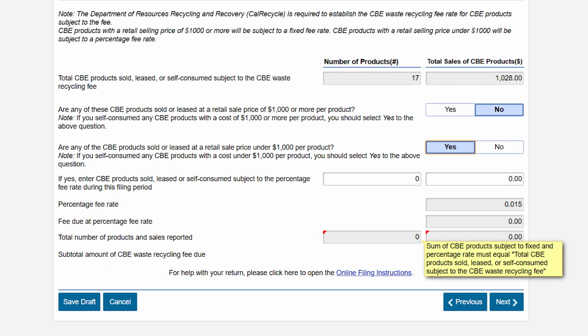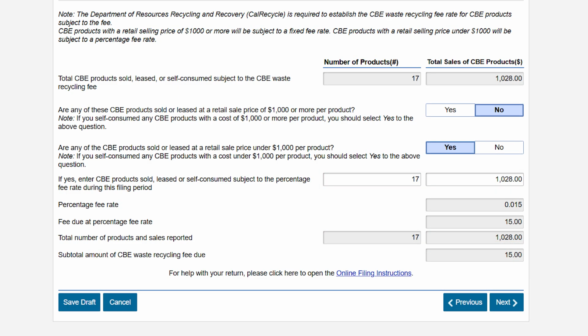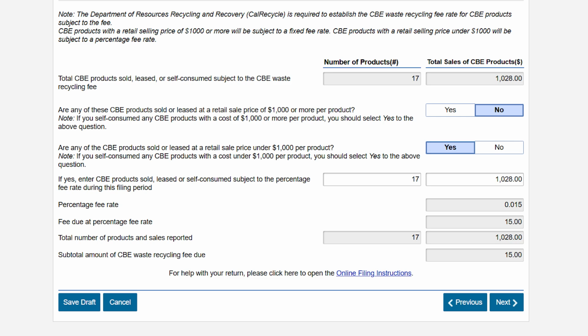We will enter 17 CBE products and $1,028 for total sales of CBE products. The total number of products and sales reported and the subtotal of the CBE waste recycling fee due is automatically calculated for you. Review the amounts, then click Next.